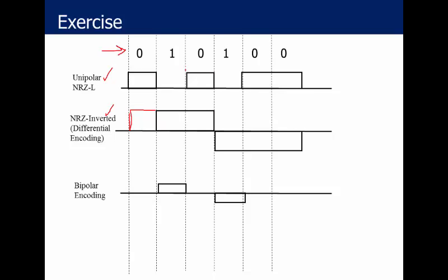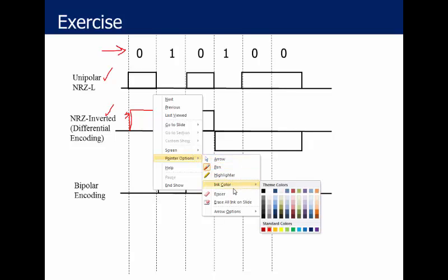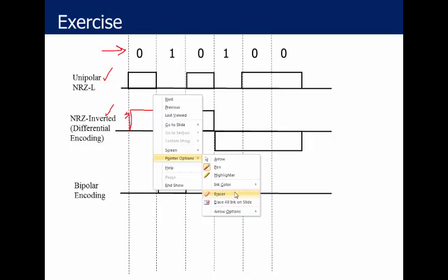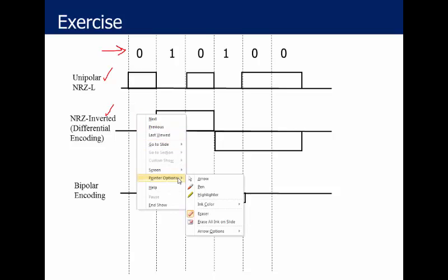There's a transition, so it should be 1. See here, there's a transition. Oh, wait a minute. We don't have to say this, right? I'm sorry, yeah. Because I was working on the first. Yeah, I know what you meant. Very good. Let me erase this. So we don't have to do this. We're not assuming any.